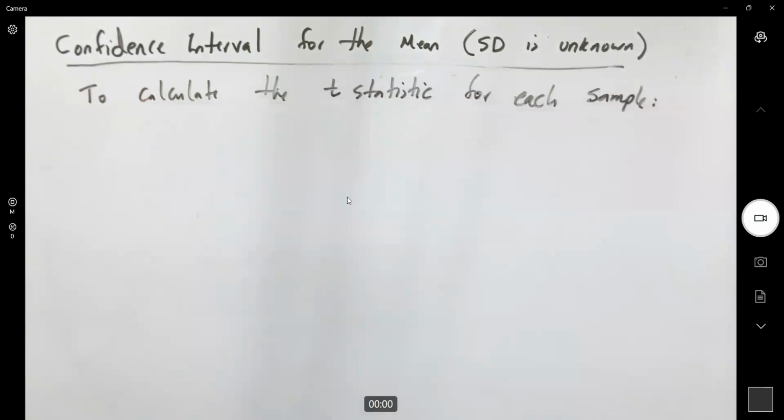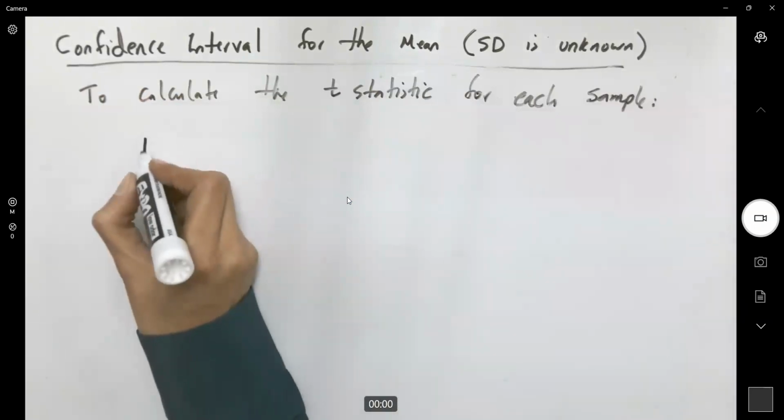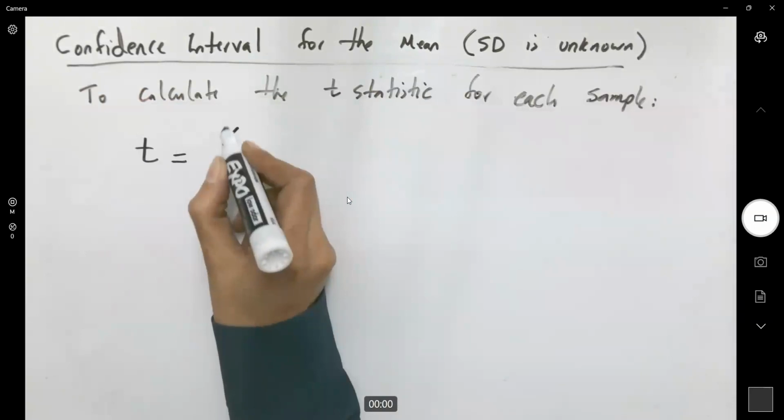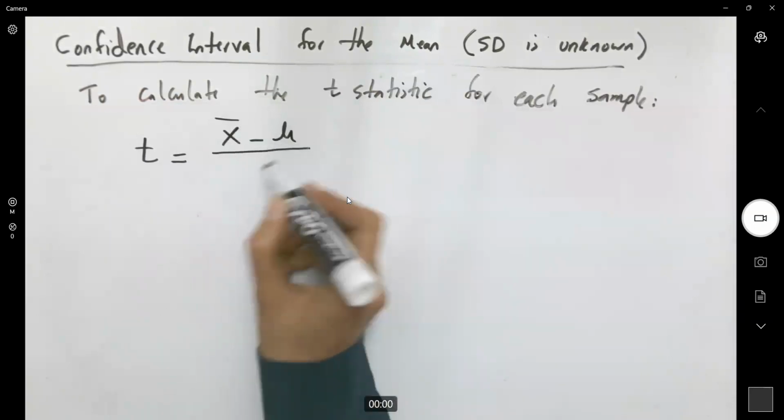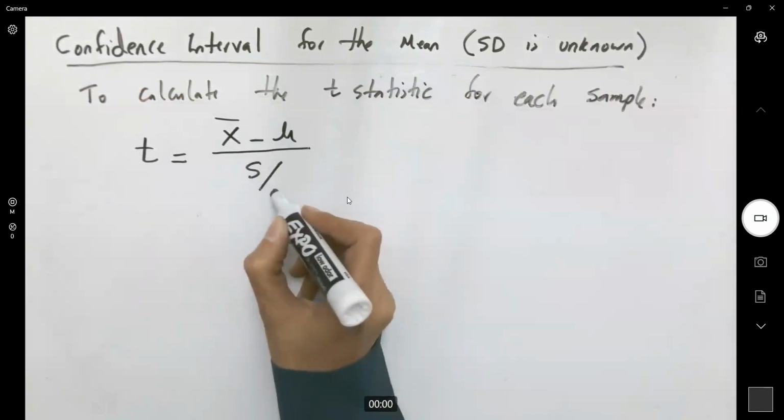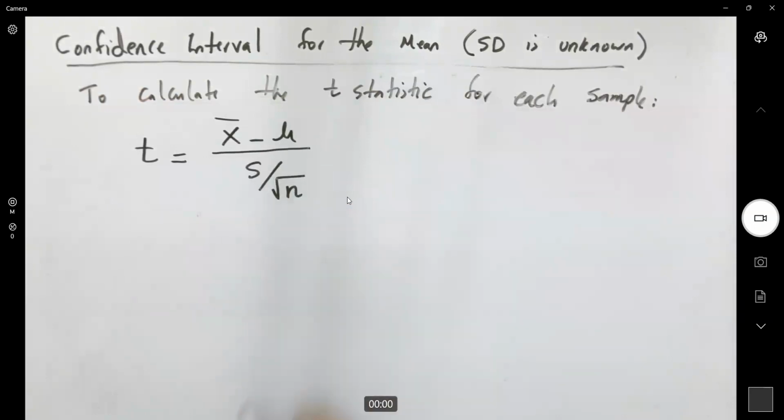The formula is T equals X bar minus mu, divided by S over the square root of n.